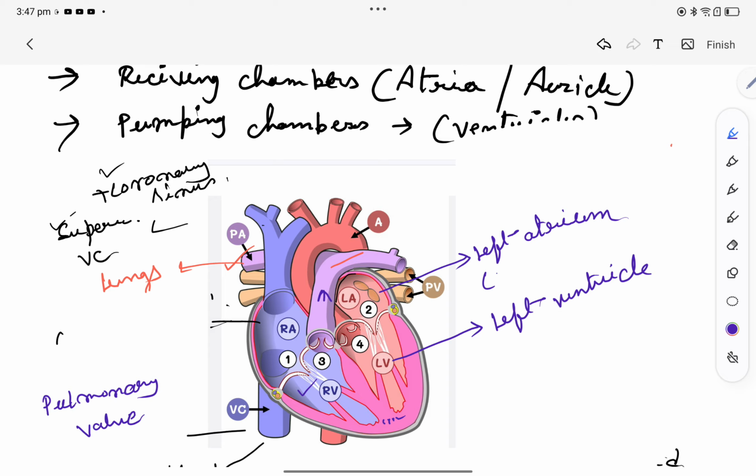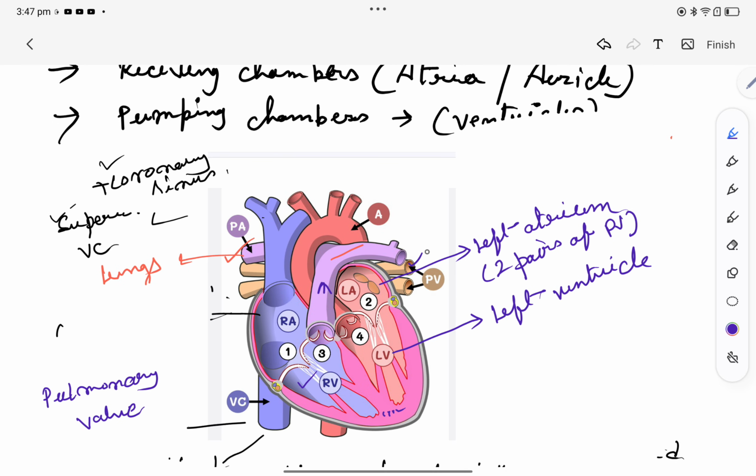We have two pairs of pulmonary veins on both sides. So this is PV1, this is PV2, this is PV3, and this is PV4, right?